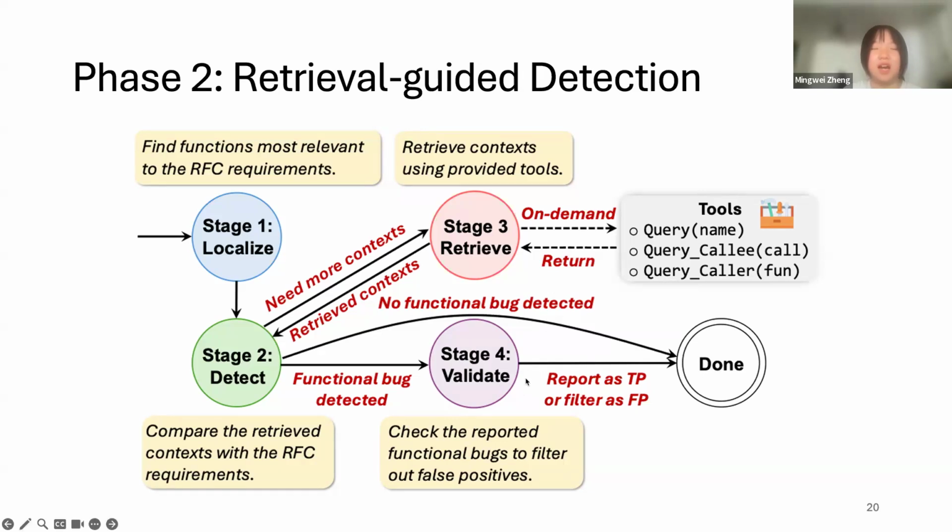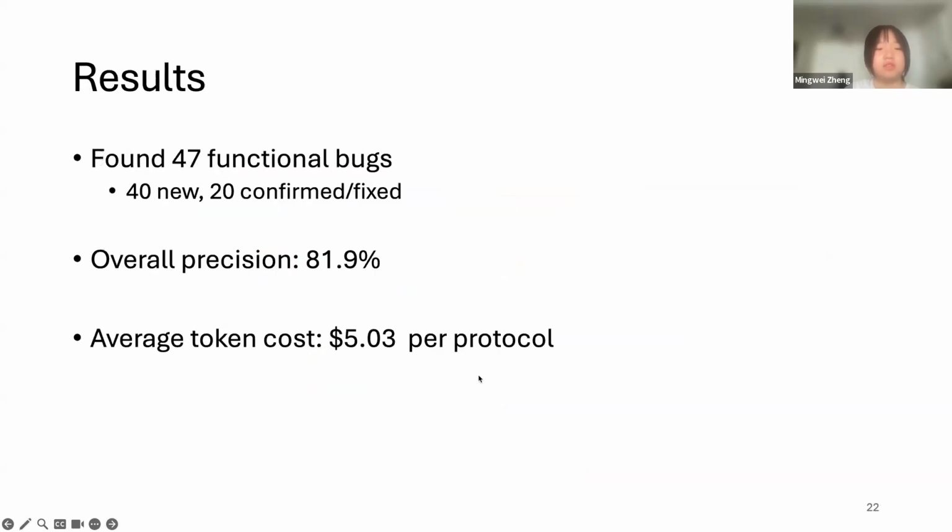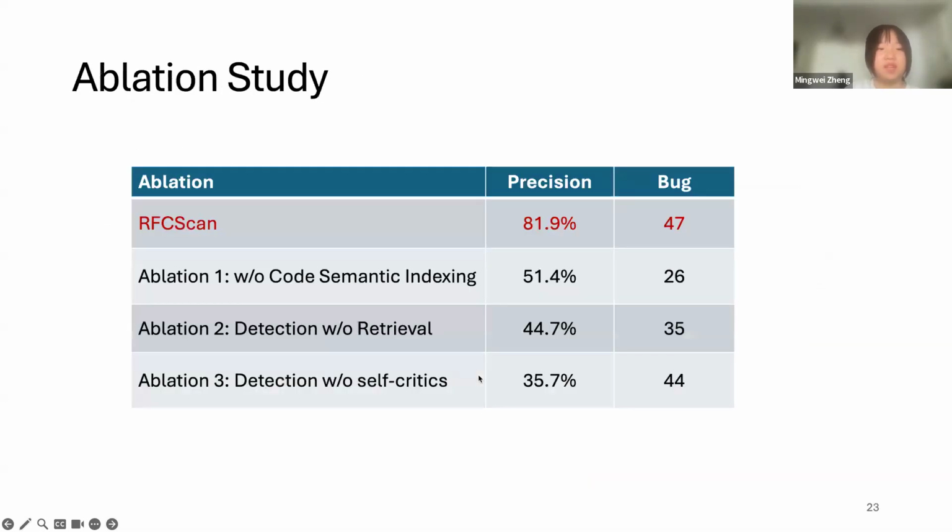They try to mitigate LLM hallucinations, and they found that self-reflection is very beneficial to lower them. So our result also shows that by adding self-reflection, the precision gets a very good increase.